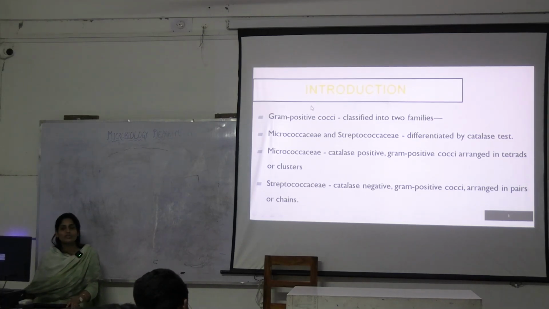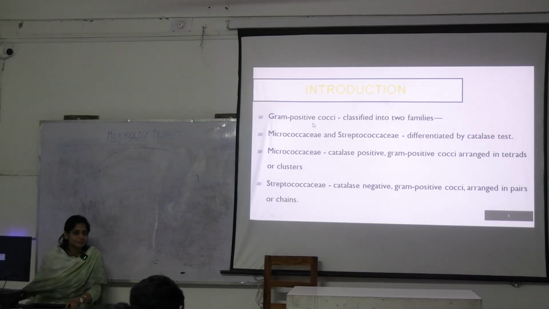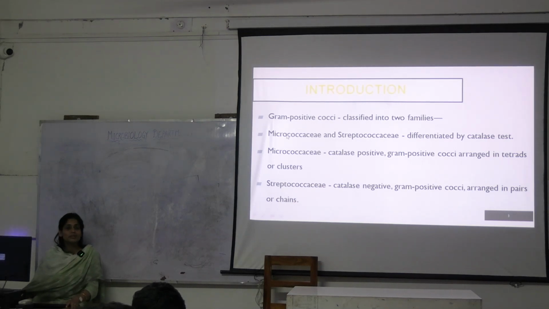What is the morphology of Staphylococcus? Cluster form. And why does it appear in clusters? Because daughter cells are attached to the parent cell and they are dividing in multiple planes, right? That's why you can see them as clusters, in groups.